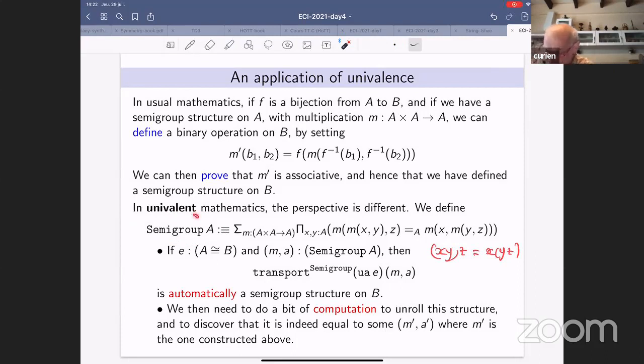Okay, so let's see why this is the case. I defined this type, semigroup of A. Actually, it's a family of types, because for each A, I have a type like this.